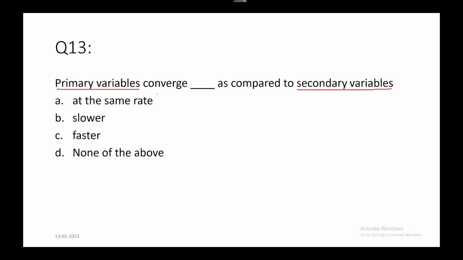So can you guess? Sir, C, faster. Okay, faster. So the answer is C, you are correct. Primary variable is, if you have a problem related to a beam or a bar, your displacement or deflection is a primary variable.